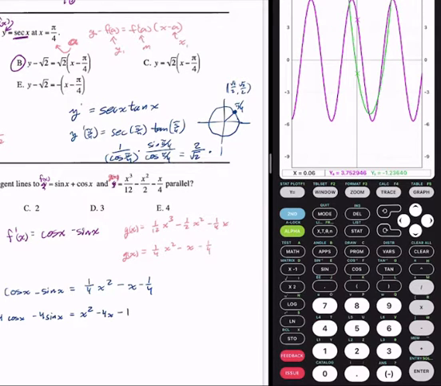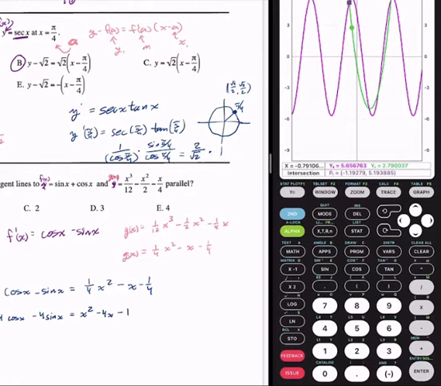To find where these functions intersect, I pick a boundary to the left of my first point of intersection and press enter. Then I select a boundary to the right of my first point of intersection and press enter. My calculator automatically finds where they intersect. You can see the answers right there.